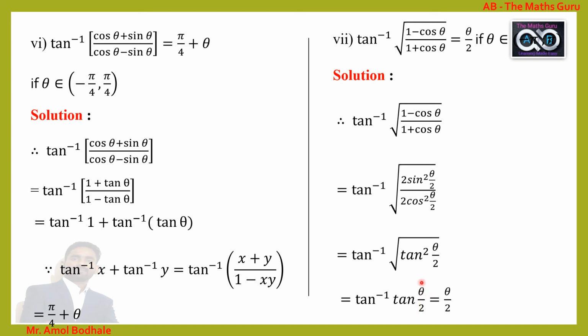The restriction is that theta by 2 must belong to the restricted domain of tan theta, which is given in the condition. In this way we can prove that tan inverse of square root of 1 minus cos theta upon 1 plus cos theta is theta by 2.